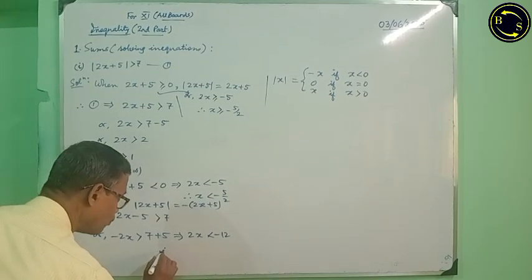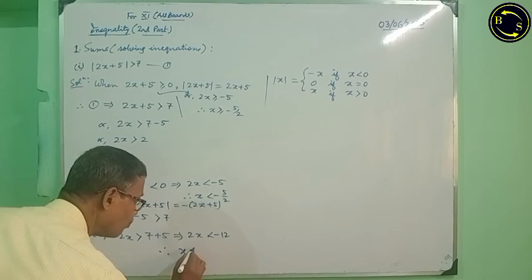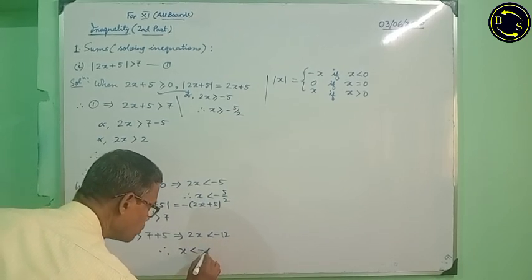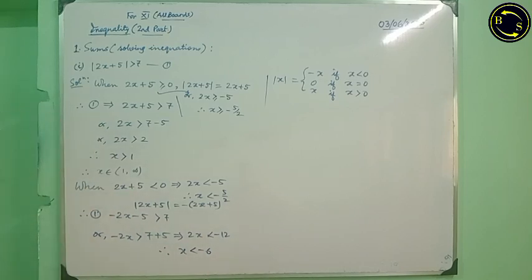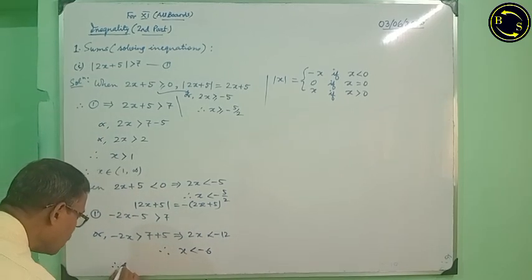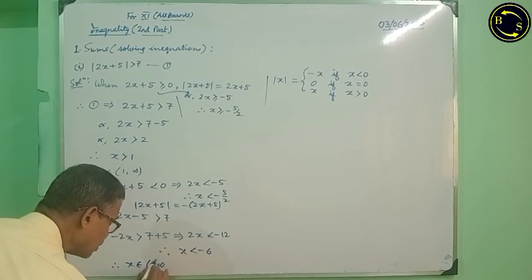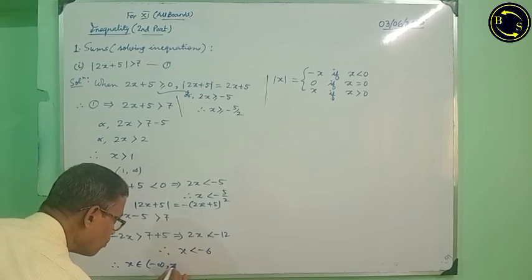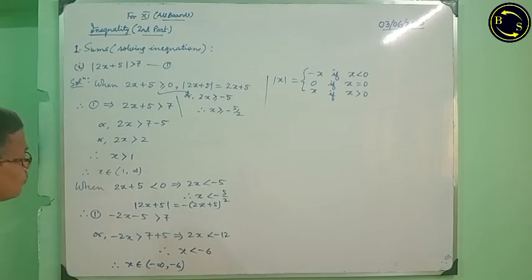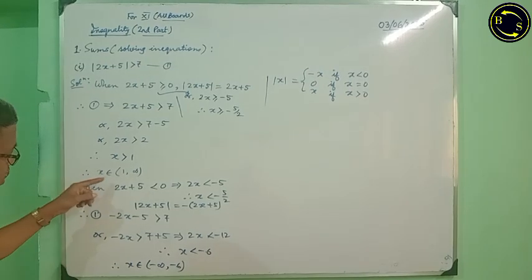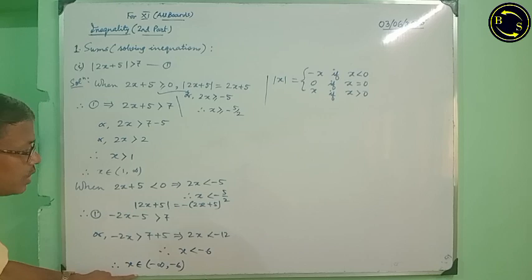Therefore, by 2, that is minus 6. Therefore, in this case, x belongs to minus infinity, minus 6. Thus, we are getting two intervals.